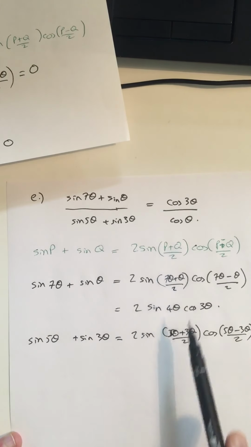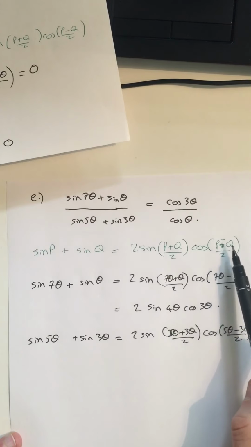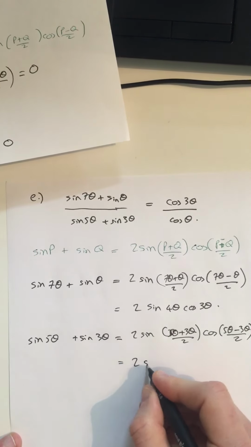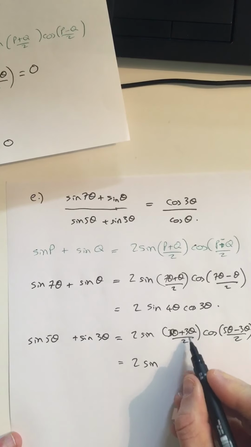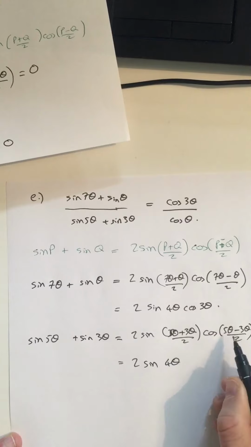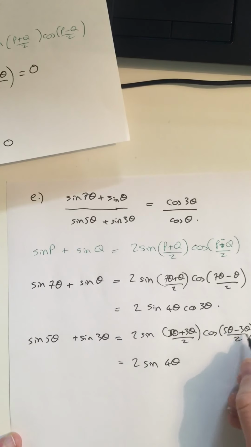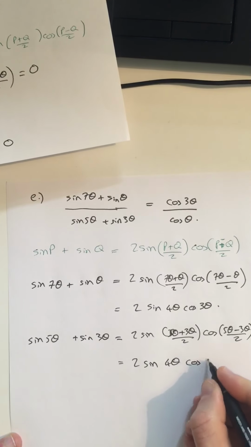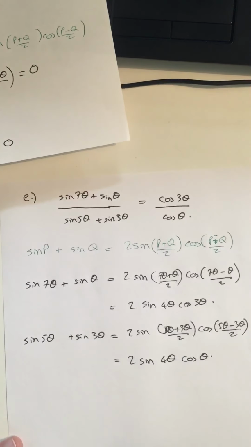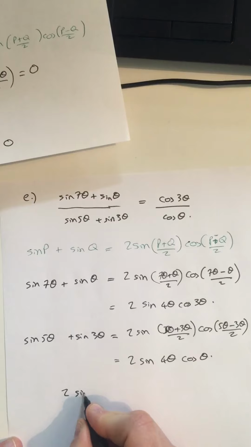Simplifying that, 5 theta plus 3 theta is 8 theta, over 2 is 4 theta. 5 theta minus 3 theta is 2 theta, divided by 2 is theta. So this is the numerator, this is the denominator, so let's rewrite this as our fraction.